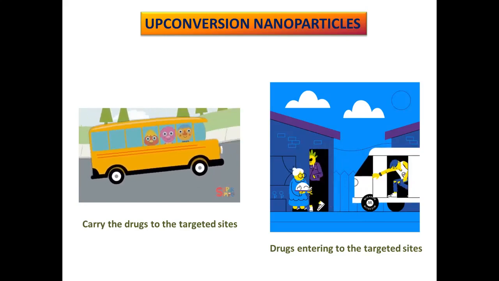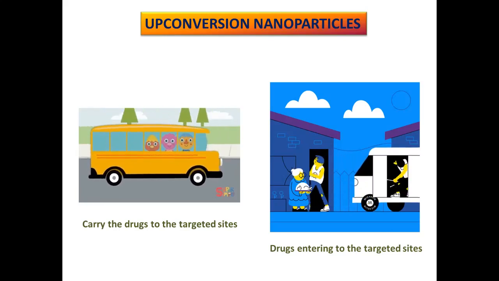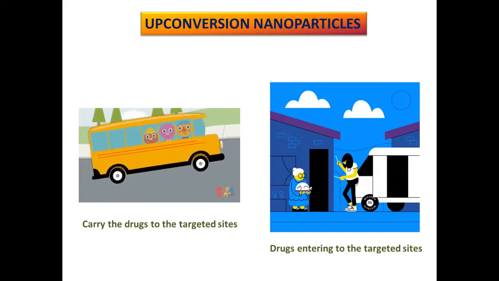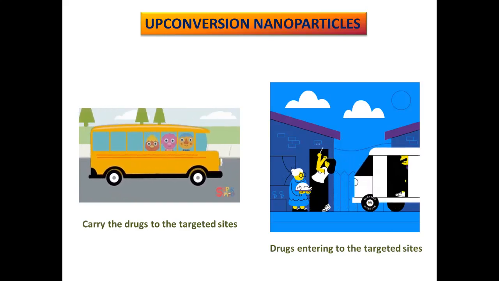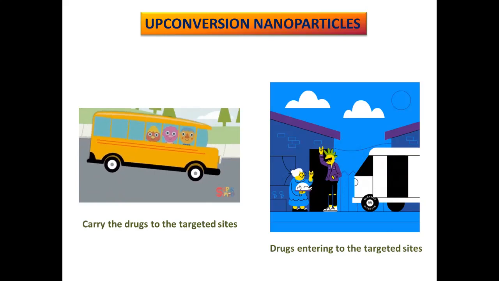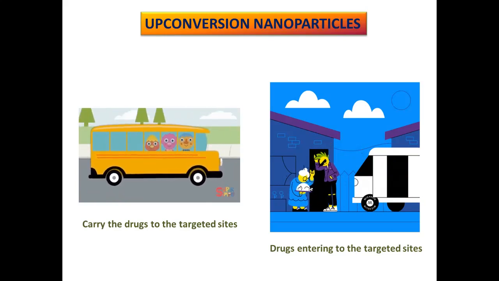Exactly. To reach a particular site of cancer where the cancer cells are growing, the upconversion nanoparticle acts as the bus and the photosensitizer acts as a person. So the upconversion nanoparticle is the carrier which carries the photosensitizer to a particular place. This was the whole thing which I wanted to explain now.